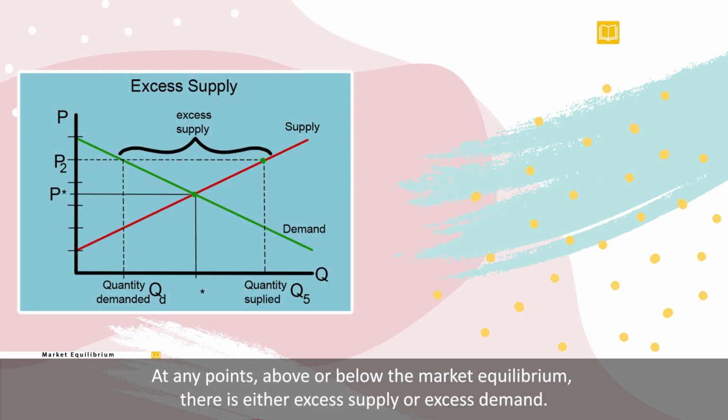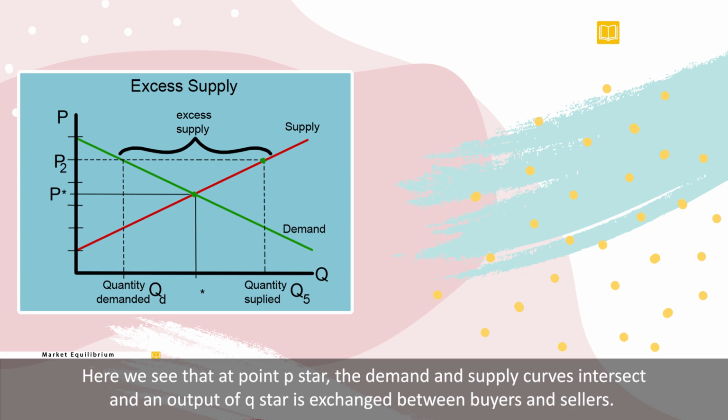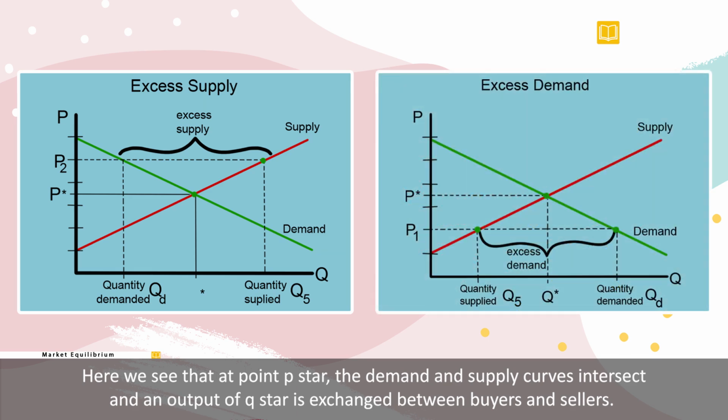At any point above or below the market equilibrium, there is either excess supply or excess demand. Here we see that at point P star, the demand and supply curves intersect and an output of Q star is exchanged between buyers and sellers.